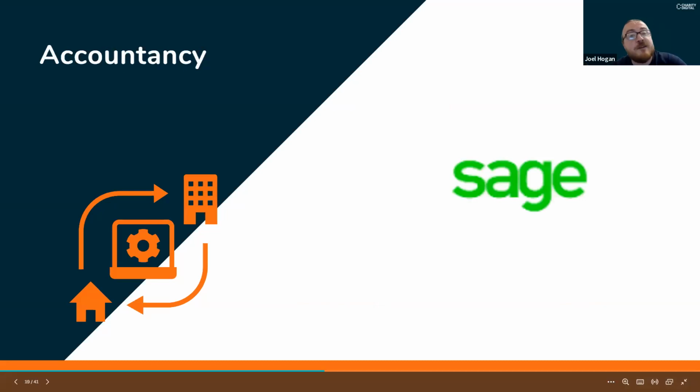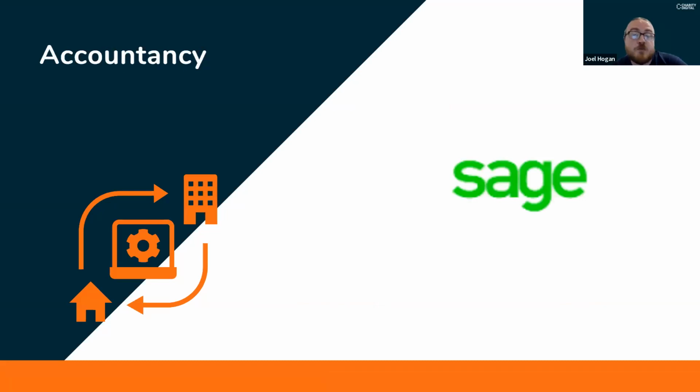Our friends at the Sage Foundation provide discounted product subscriptions so charities can save time, reduce costs, prevent errors, and achieve compliance. Subscriptions cover everything you need to manage accountancy, payroll, and people, all at a discounted price.